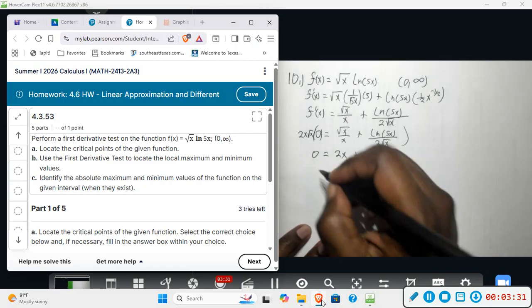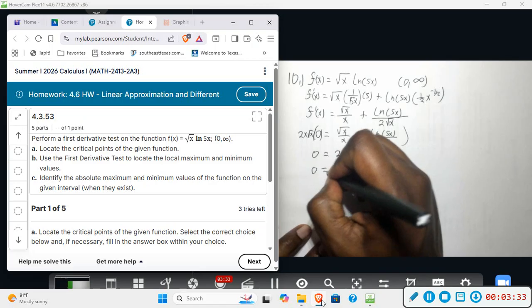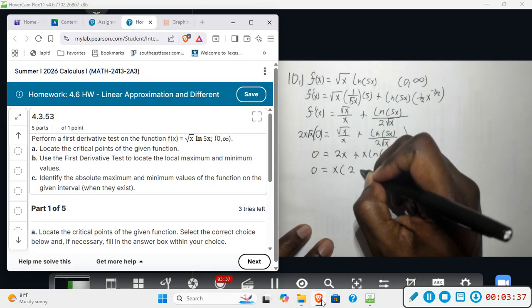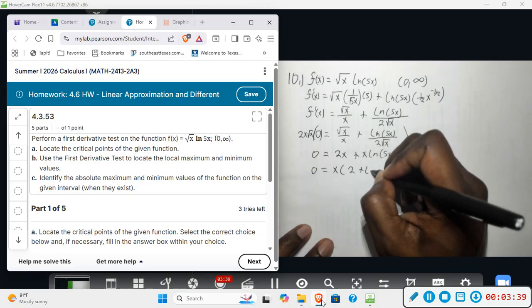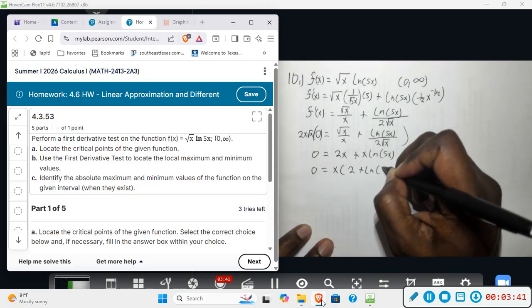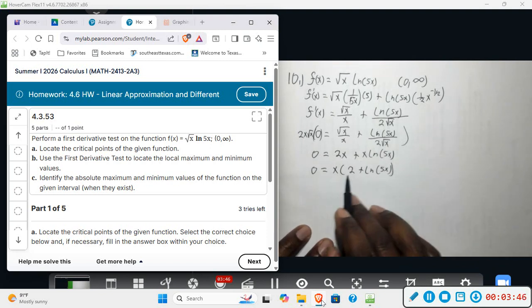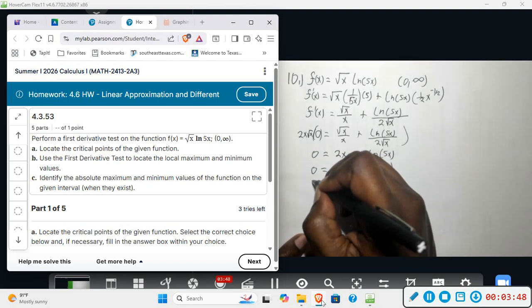All right, here we can factor out an x, leaves me with 2 plus ln 5x. All right, so then we just set both of these equal to 0. X equals 0.